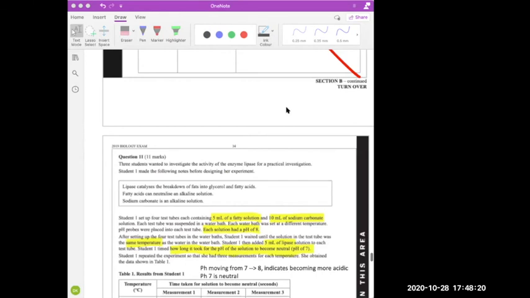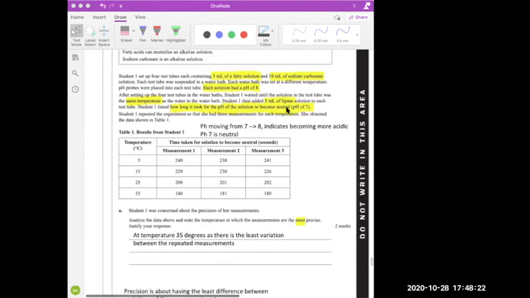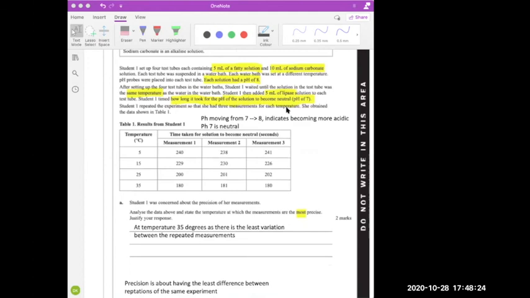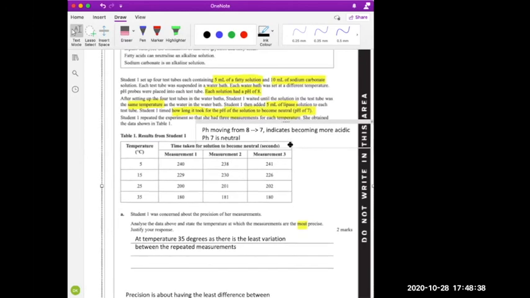So what would cause the time to be lower? If we're looking at the time taken for the solution to become neutral, so the pH going from 8 to 7, and it's going faster, that means there could be more enzymes.